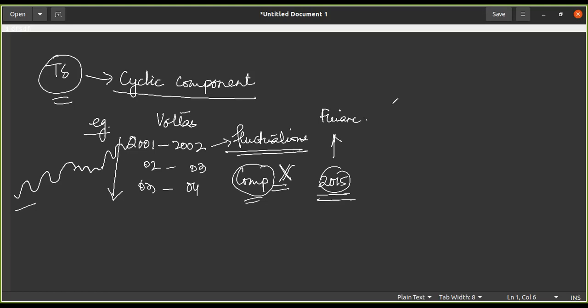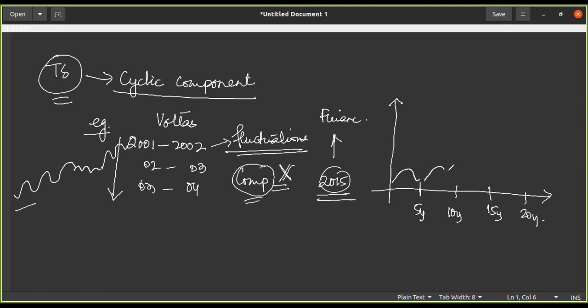So ultimately, the graph is going to look something like this. If I condense the graph, with the x-axis being a period of, let's say, 5 years, this is 5 years, this is 10 years, this is 15 years, and this is a 20-year period. I will see that the pattern here is something like this, then the pattern for this range is something like this, and so on.